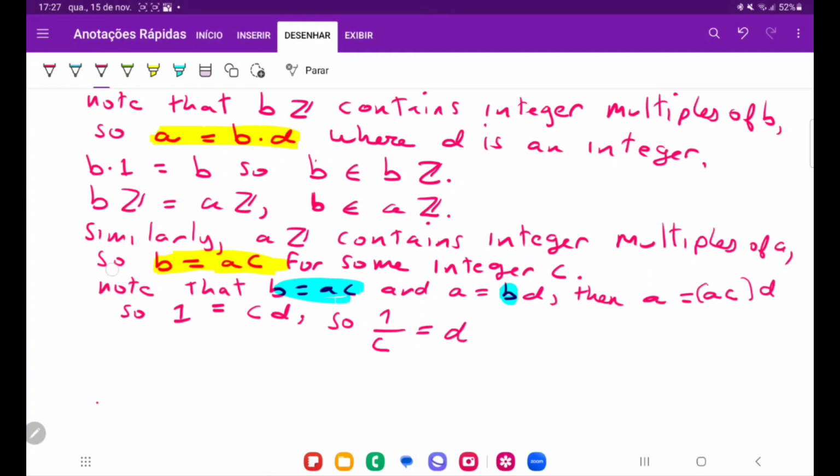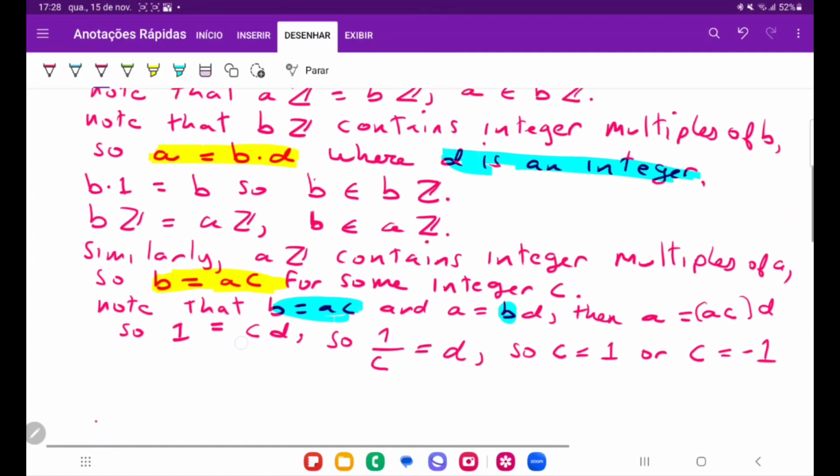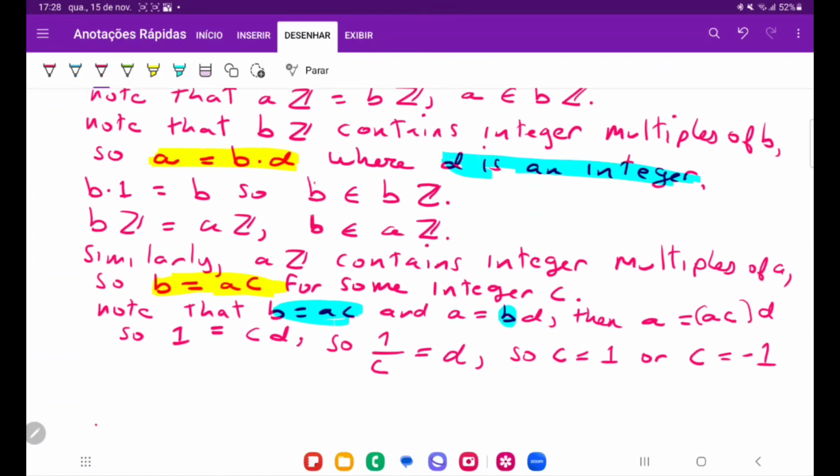Now note that D is an integer; we defined D to be an integer. So for D to be an integer, it means that C is equal to 1 or C is equal to -1. Because if it were some other number, like 2, then 1 divided by 2 is equal to D, and D would not be an integer.